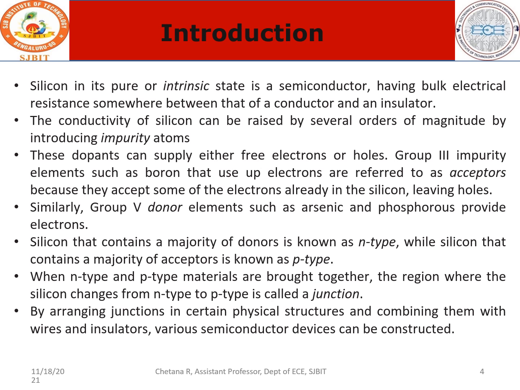We are still on the introduction. Silicon in its purest form is called an intrinsic semiconductor, and it has bulk electrical resistance. Silicon is a semiconductor, in between the conductor and the insulator, and its conductivity can be raised by adding the necessary impurities or dopants. You can add N type or P type impurity by using either pentavalent or trivalent elements.